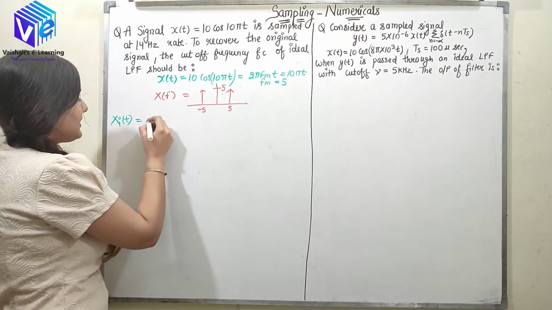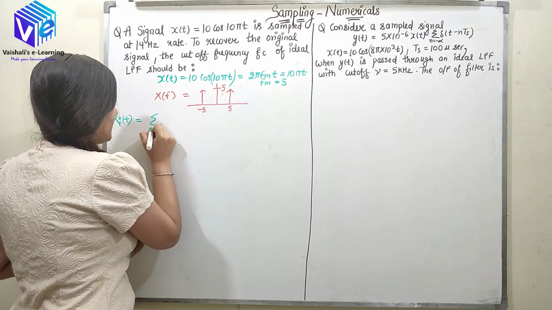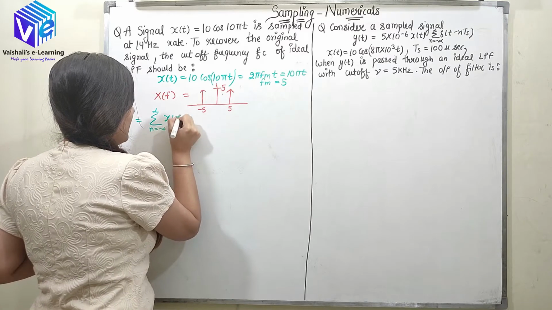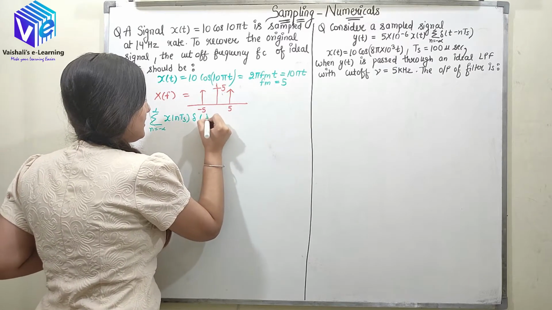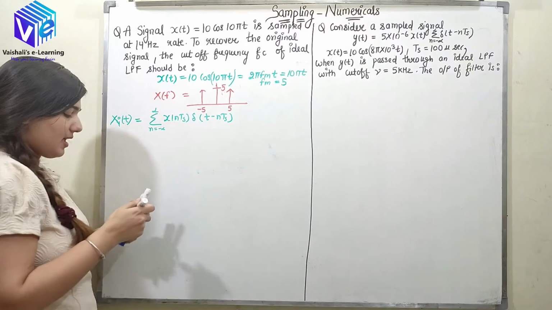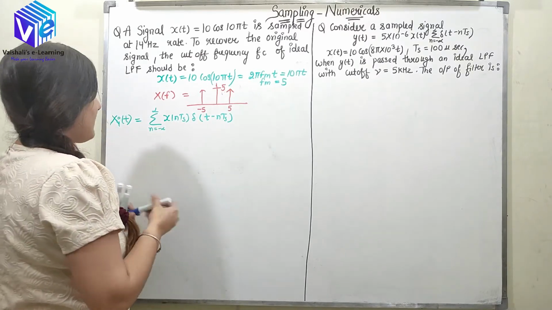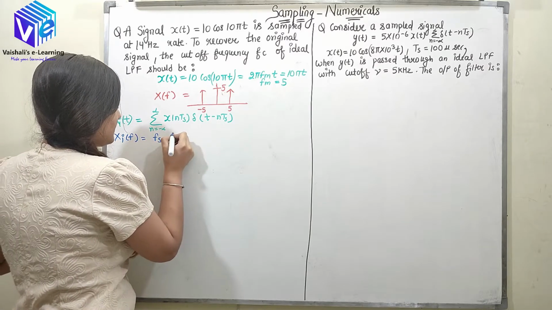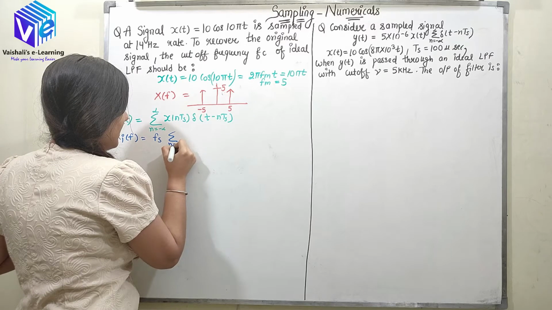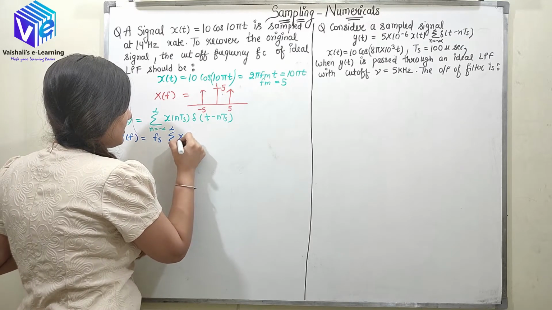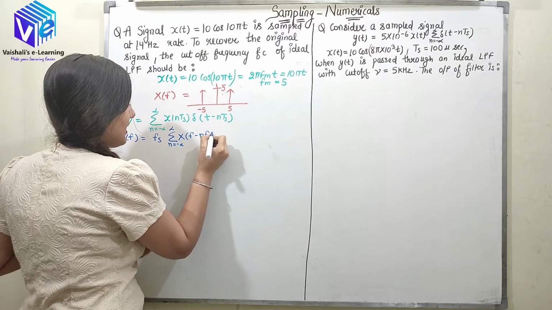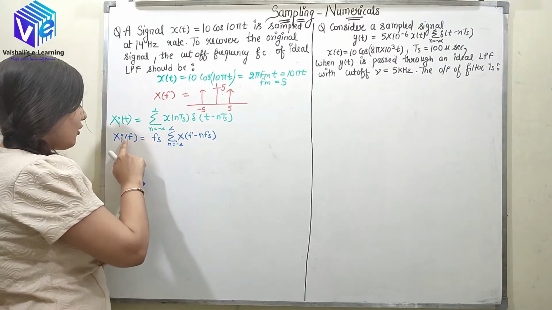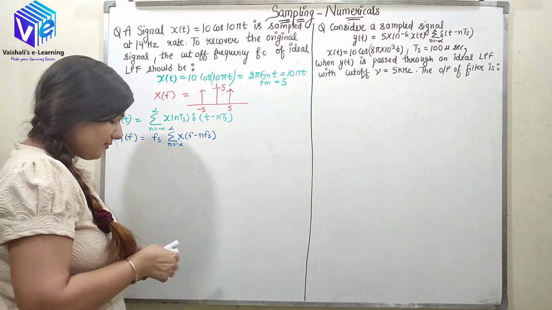So xi(t) is equal to the summation n equal to minus infinity to infinity of x(nTs) delta(t minus nTs), and in the frequency domain, I hope you remember it, Xi(f) is equal to fs times the summation n equal to minus infinity to infinity of X(f minus n fs). This is my instantaneous sampled signal in the frequency domain.